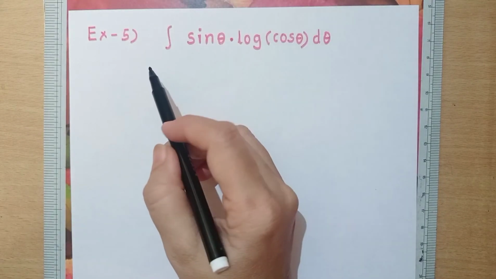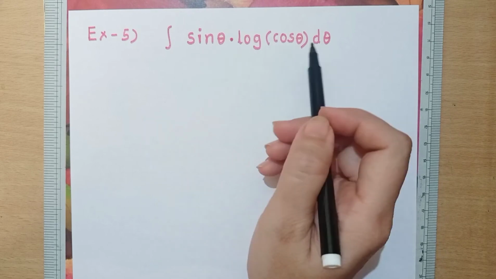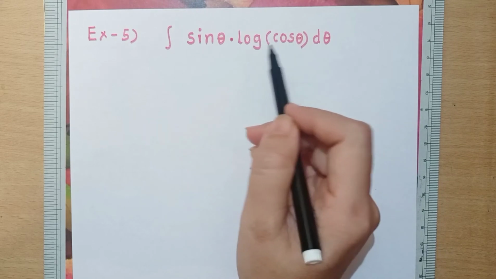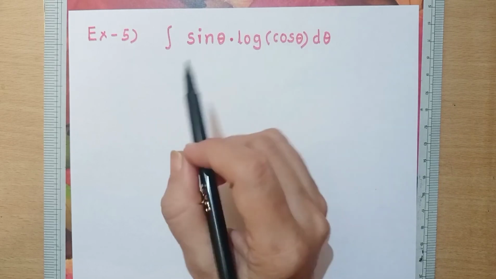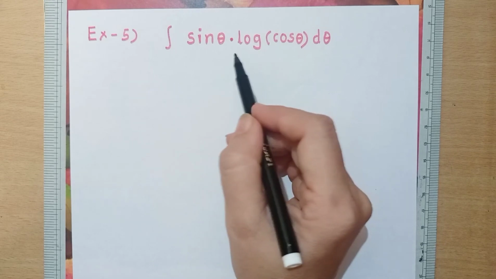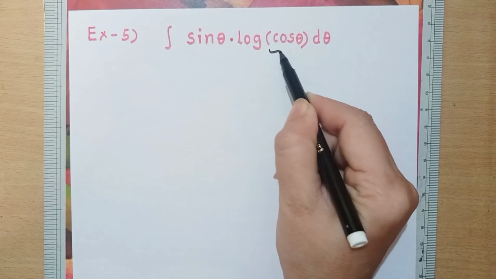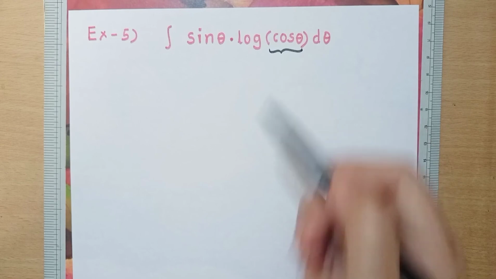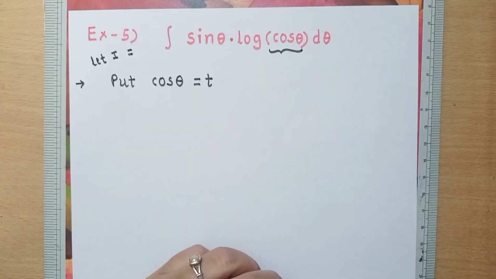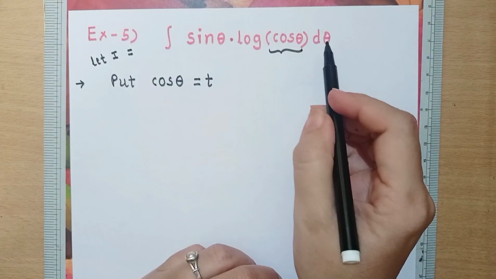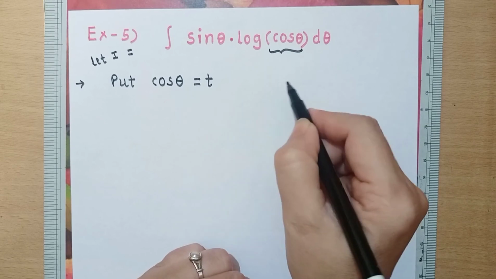This is our fifth example, and this is our integrand, and here is a function of a function, that means this is a composite function. So first we have to simplify. So we will assume this cos of theta equal to t. We have to replace d theta also. So differentiate this.